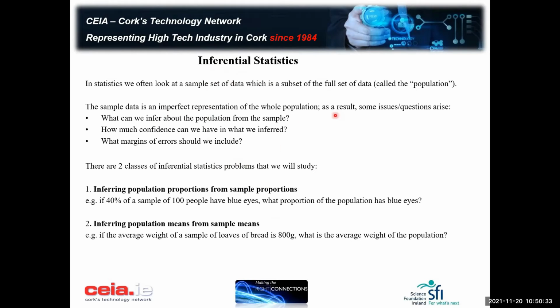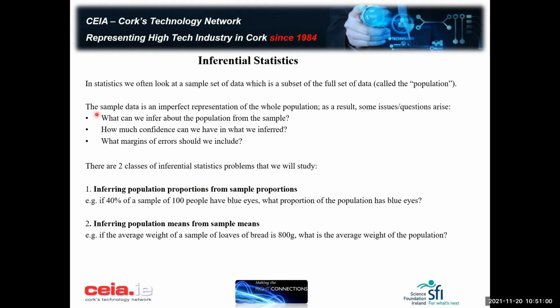So in statistics, instead of measuring every data point, you often look at a sample and measure the characteristics of the sample. And you try to infer information about the whole population of data points from that limited sample.